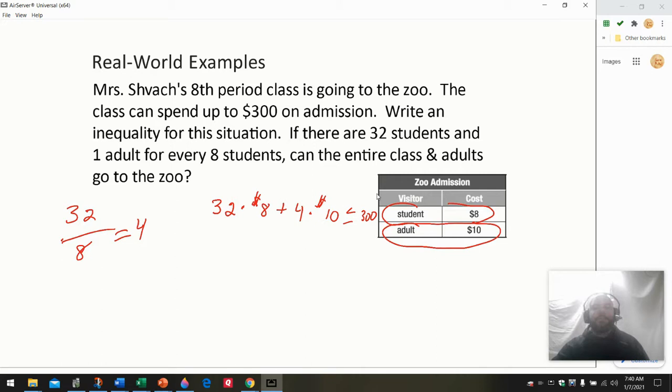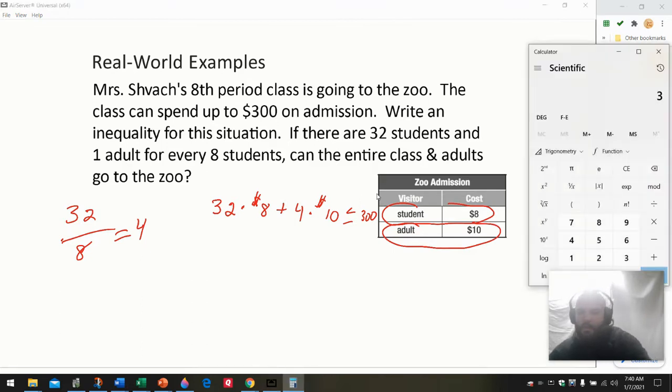If it is, that means the entire class with the proper number of chaperones can go.